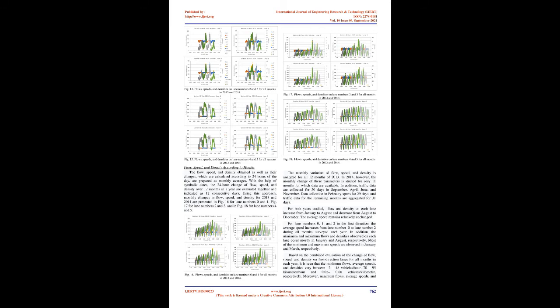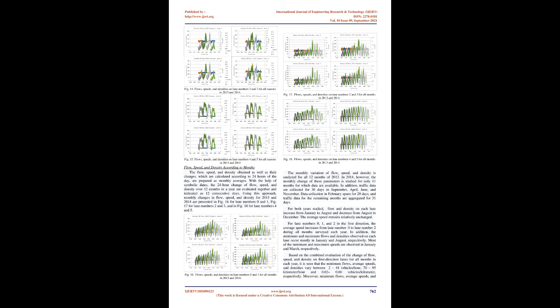In addition, minimum flows, average speeds, and densities on each lane occur mostly between 2300 hours and midnight and 3 o'clock and 6 o'clock in all months of both years. Minimum average speeds are observed between 1 o'clock and 5 o'clock. The lowest minimum flow is obtained on lane number 3 at 3:05 in December 2013, while the lowest minimum density is observed on the same lane at 5:50 in January 2013.